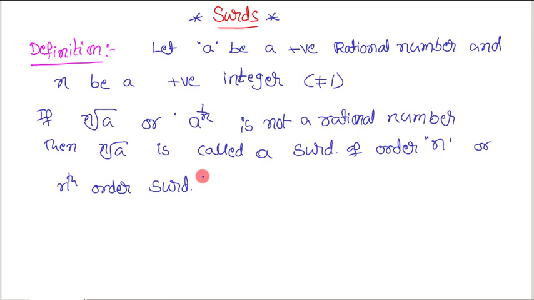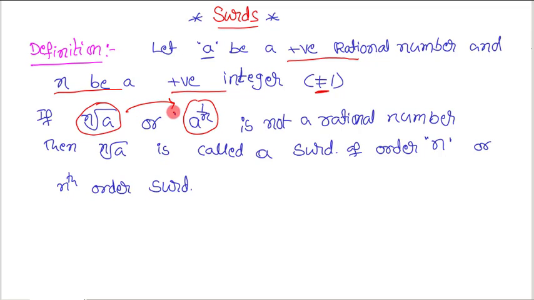Okay, if you see the definition, A is a positive rational number, and n is a positive integer which is not equal to 1. If the nth root of A, or A to the power of n, both are the same.